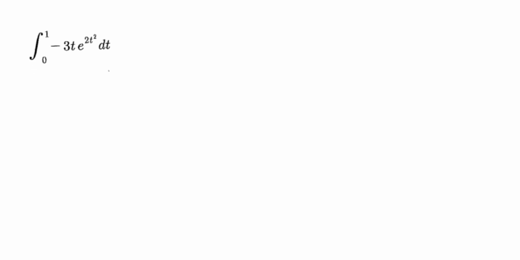Alright, so for the next problem here, I will highlight my exponent here, which is 2t squared. So I will let u equal 2t squared. And if I do that, let's go ahead and update my original problem now. Actually, what I'm going to do first is take this expression right here and move that to the front.